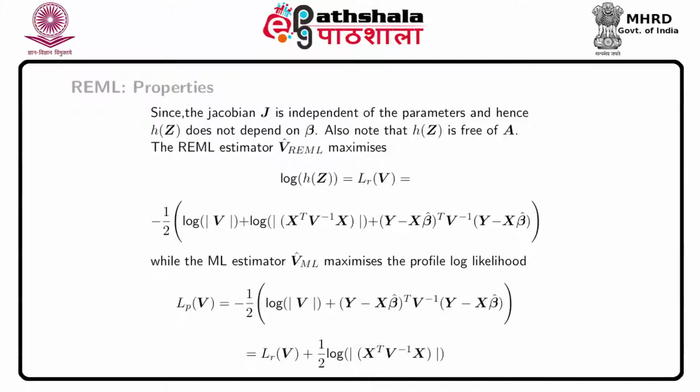And this LPV is nothing but LRV plus half log X transpose V inverse X. So that means the profile log likelihood is LRV, the log likelihood for obtaining V, and that's the REML, plus half log X transpose V inverse X, and this is the part from which beta hat is obtained.